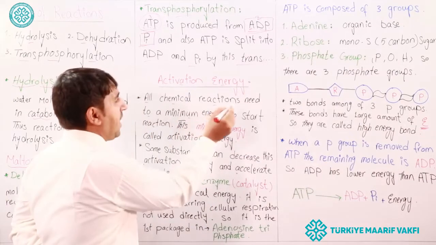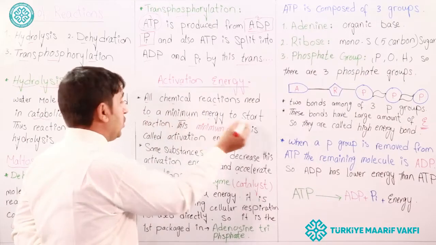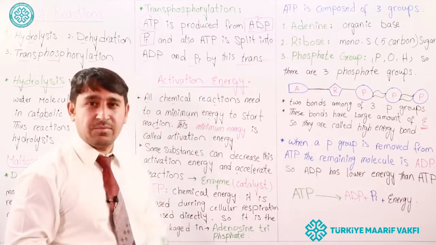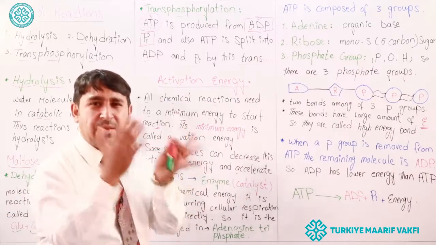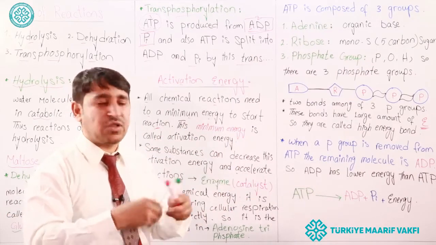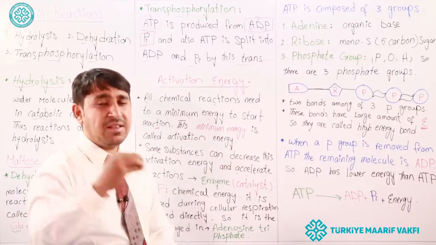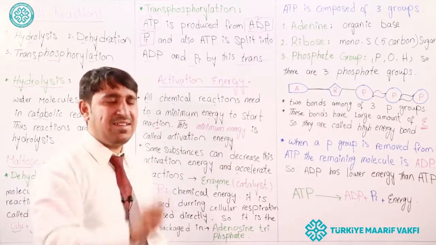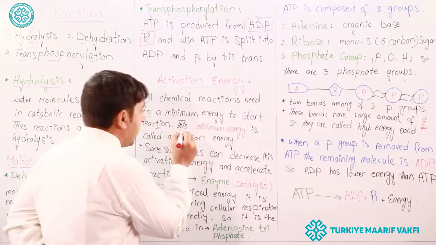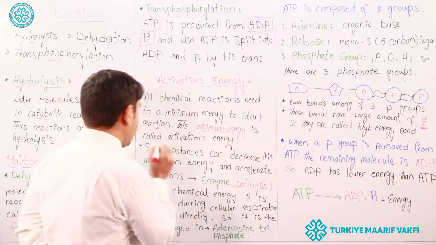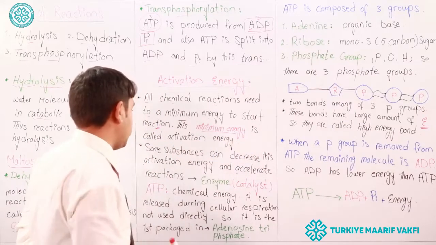For chemical reactions, we need a minimum energy to start the reaction, like the car. Now, if we want to start a chemical reaction, there must be some energy. This energy is called, which type of energy? Activation energy.